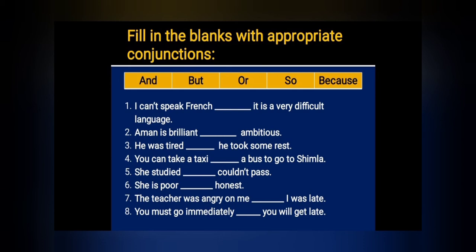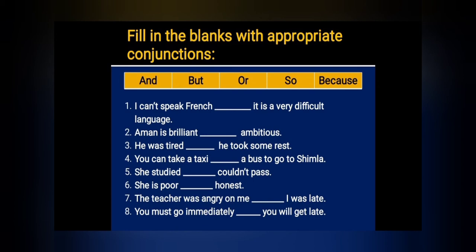Next is, you can take a taxi blank a bus to go to Shimla. The fifth sentence here is, she studied dash could not pass. Next is, she is poor dash honest.